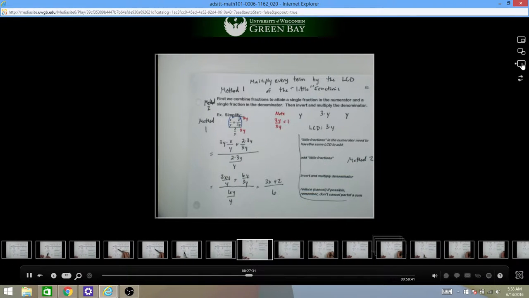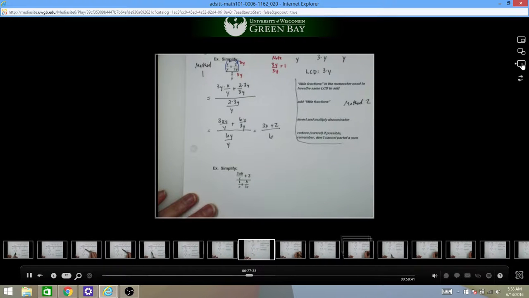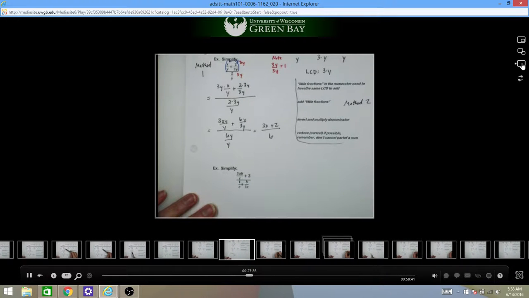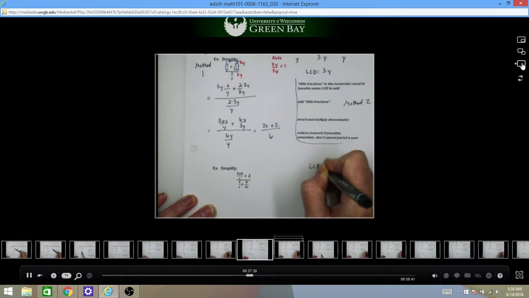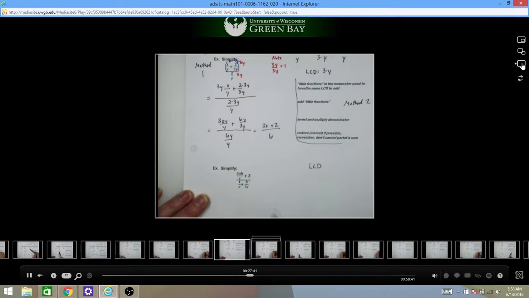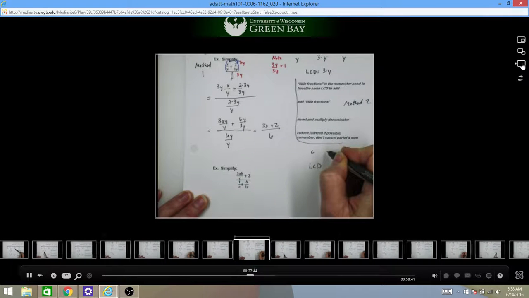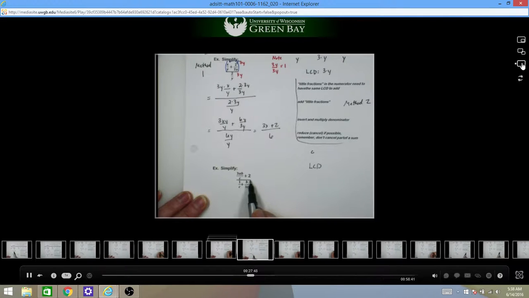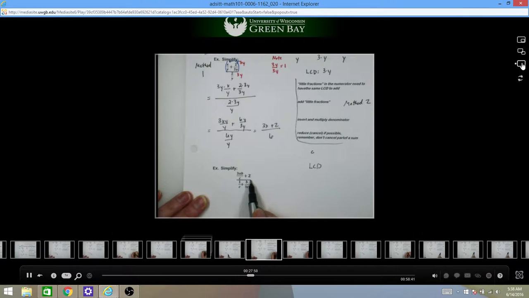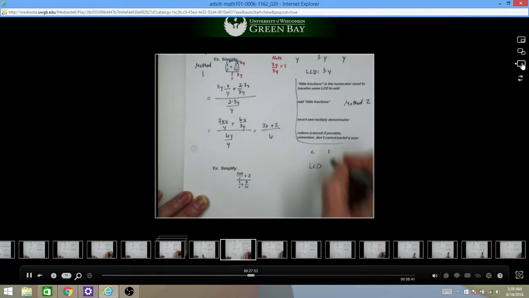Does anyone have questions? So look at these little denominators. You have a c. What is 2's denominator? 1. Good. And then another c, and then a 3c.